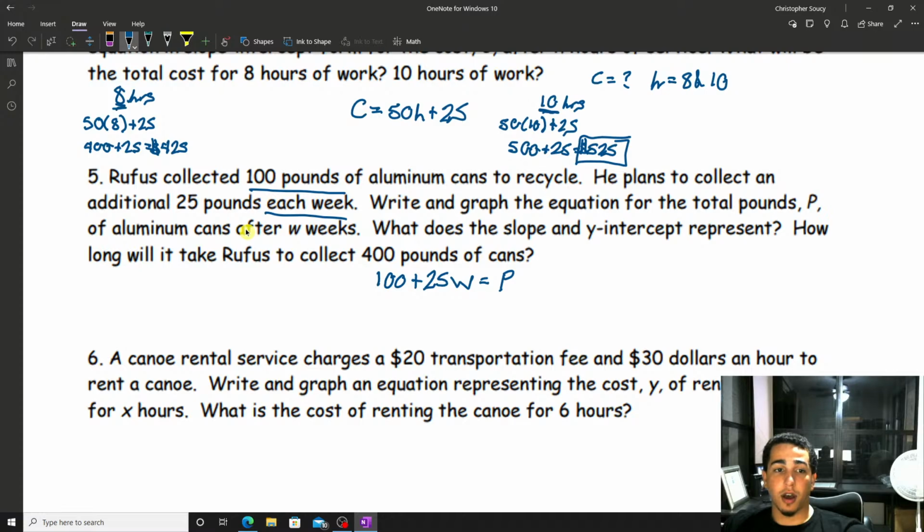They tell us, first, what does the slope and y-intercept represent? Remember, the slope is the number in front of our variable, which is 25. So our slope is the number of cans collected each week.